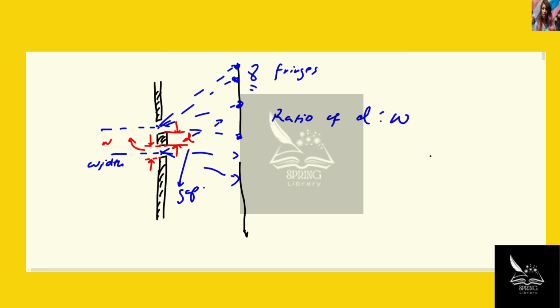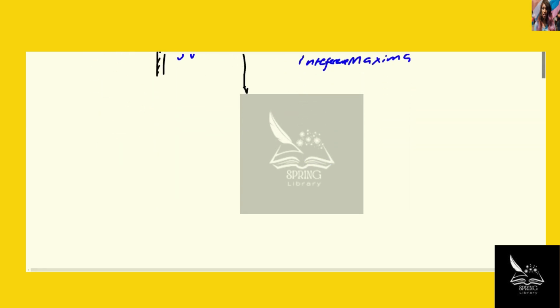We want to determine the ratio of D versus W, assuming that the minima connects or overlaps to the maxima, to the interference maxima. We want to see that. So that's what we're given in this particular problem.